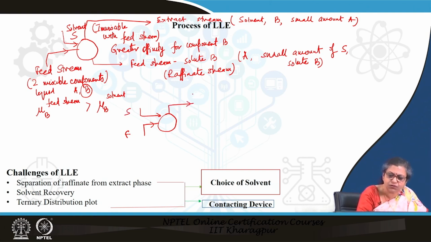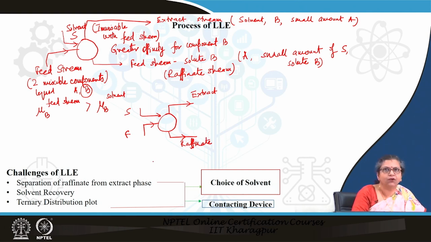In this case also we will find that recovery of the solute and regeneration of the solvent are extremely important. So, if you have just the extraction process, it is actually incomplete.